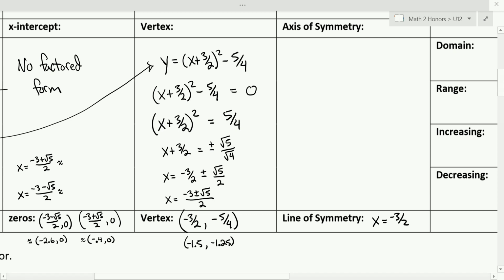So let's sketch this. Starting with the vertex at -1.5, -1.25, roughly here.